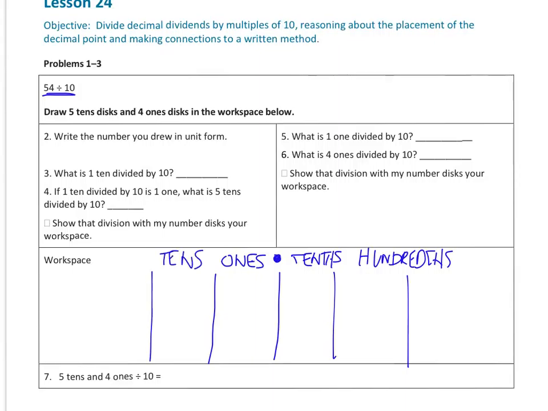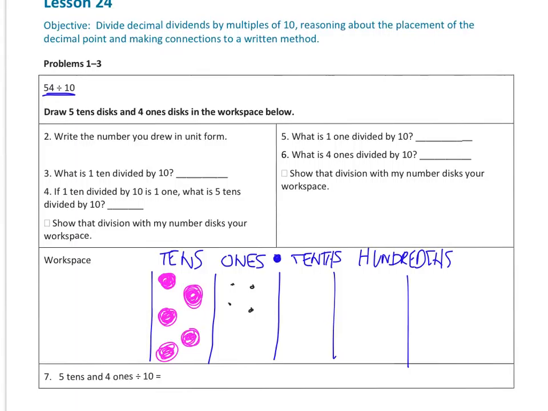Okay, so let's see, 54, that's going to give me 5 tens discs. I'm going to make the tens discs bigger because 10 should be bigger than 1. So I've got 1, 2, 3, 4, 5, and then the ones, let's make those black. 1, 2, 3, 4.